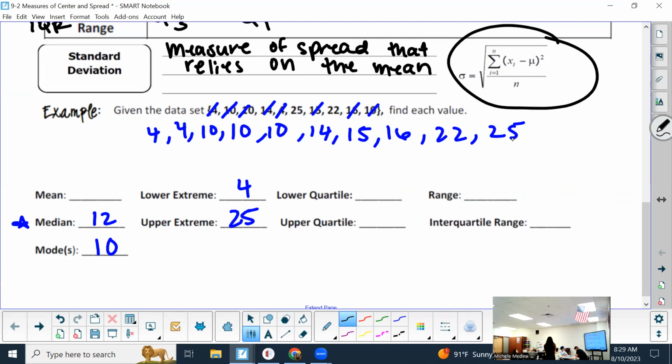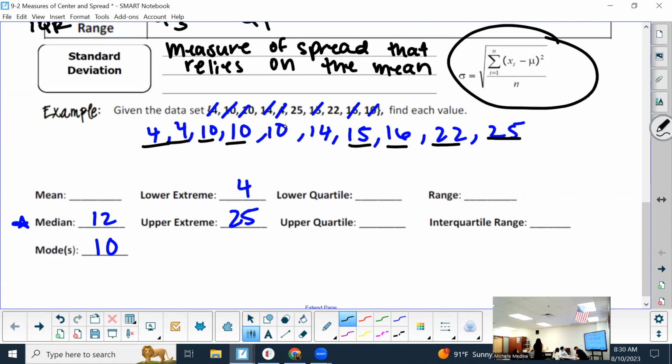Median means the middle number. So if I have an even number of data points, 10 data points, I should expect there to be 2 numbers in the middle. So like left, right, left, right. And here's my 2 numbers in the middle. They can't both be my median.